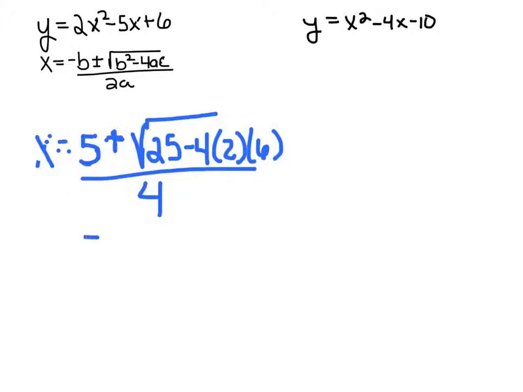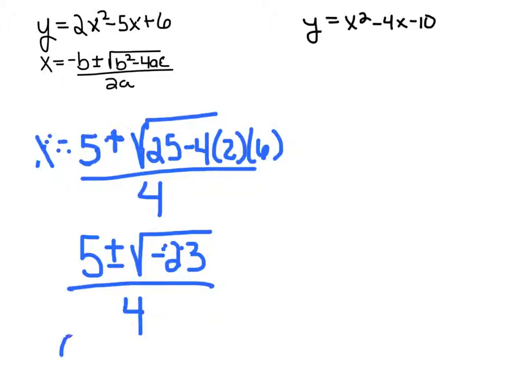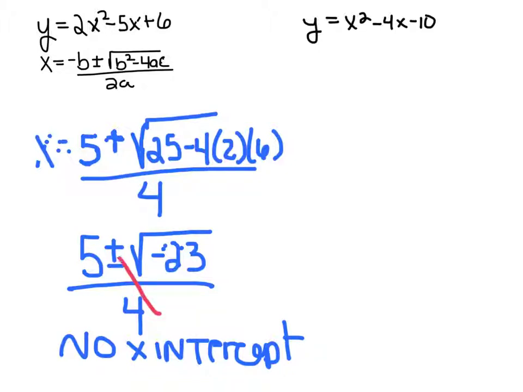This is 5 plus or minus the square root of 25 minus 48, which is negative 23, over 4. So this would have no x-intercepts. Although, if you had to find the vertex of the graph, the x value of the vertex is right there.